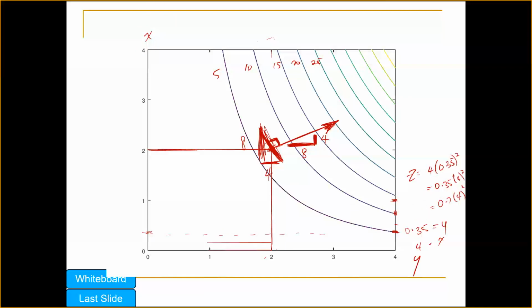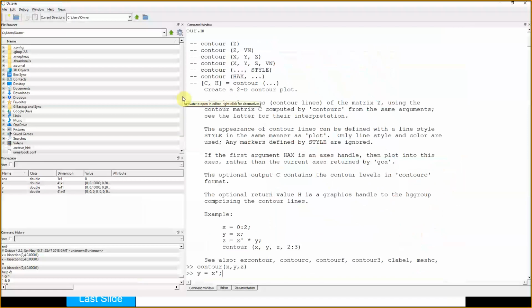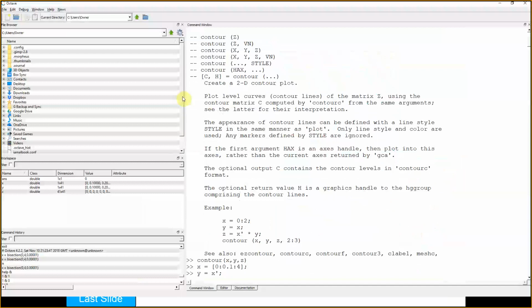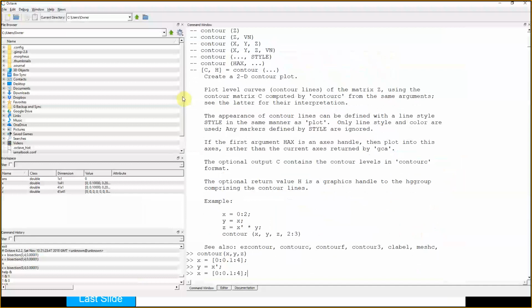Okay, let's do it. So you would say this is X and then you say this is Y, and Z is, to be careful, Z is going to be that times X. Realize why I changed it, right?